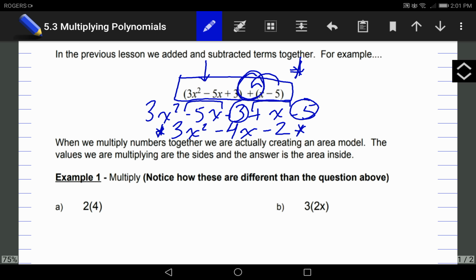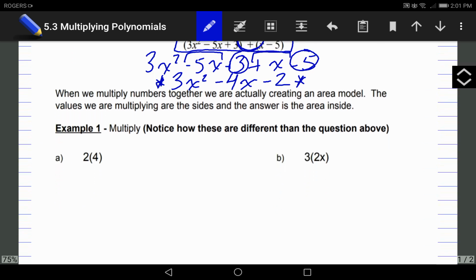Just like right here. If you saw 2 bracket 4, you should hopefully know at this point that this means 2 times 4, which is 8. Notice there's no plus or minus sign in between. There's a 2 and then a bracket and then a 4.